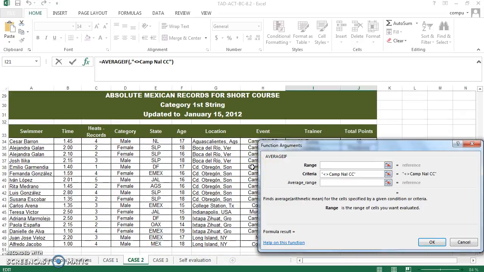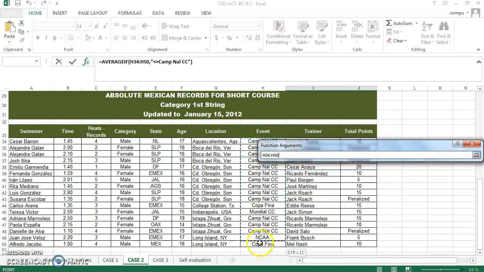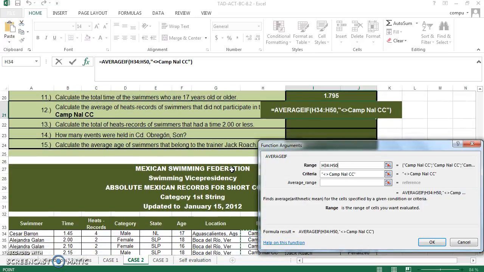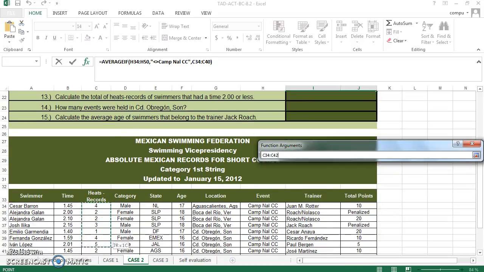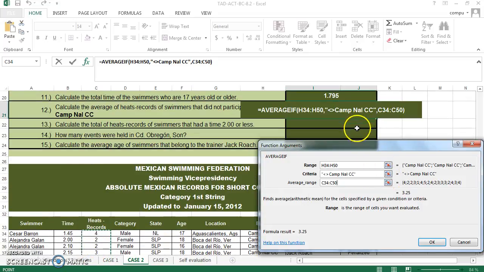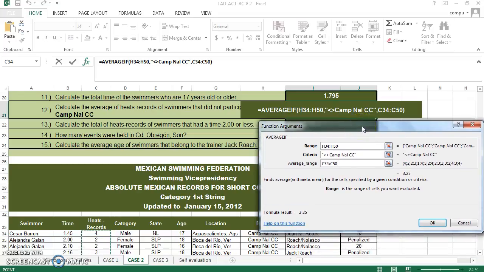The information is on the column event, and we should get the average of the heats records. The answer will be 3.25.